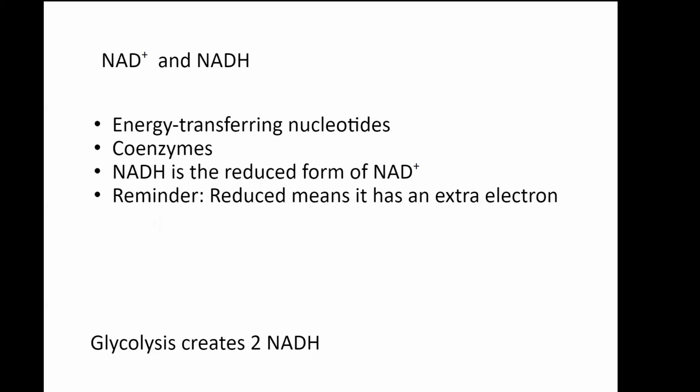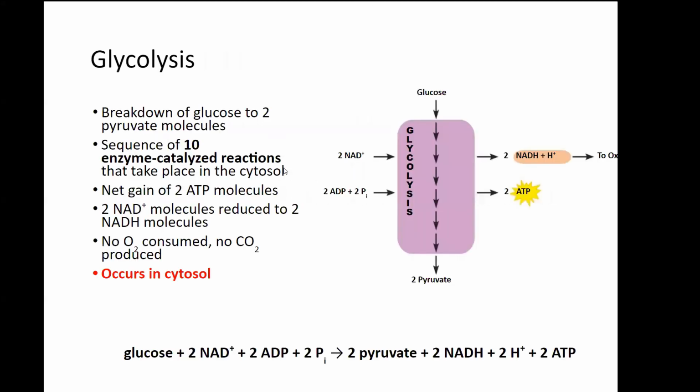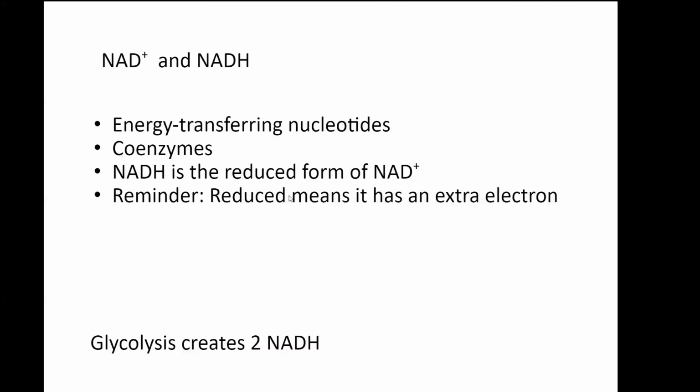So NADH is the reduced form of NAD. We reduce NAD, which adds an extra hydrogen onto the molecule, and this form has energy in it. So NADH has an extra electron, so it has extra energy in it. This is going to be carrying energy from different places, like from glycolysis, to the end of our process when we're eventually going to make a ton of ATP.